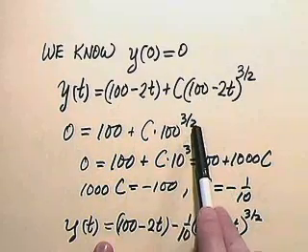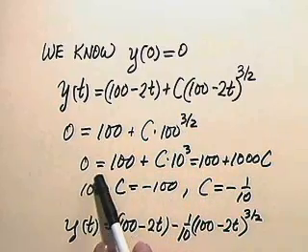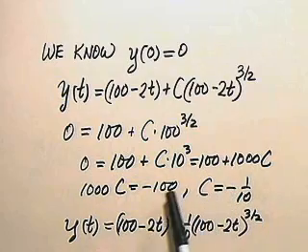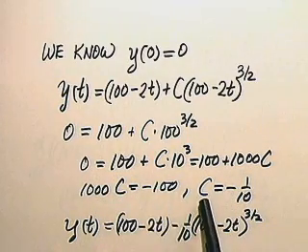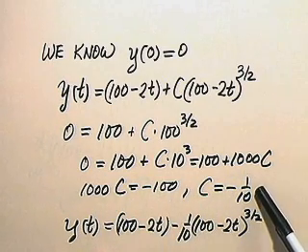Of course, the square root of 100 is 10, and 10 cubed is 1,000, so 0 equals 100 plus c times 1,000. And that leads to 1,000c equals negative 100, so c is negative 100 divided by 1,000, which is simply negative 1/10.